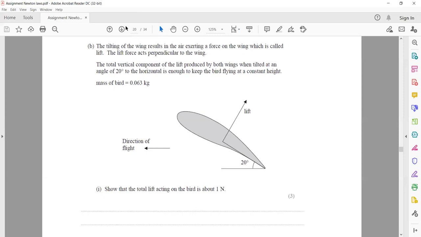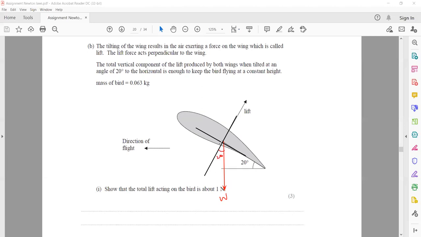So first, what happened, it is like an incline, so the weight of the bird will act downward. So this is the weight of the bird which is acting downward. Then we resolve this weight into its components by taking the axis parallel to the surface. When we take the axis, the angle of the inclined surface is the same as the angle of the weight with the inclined surface, so that is 20.